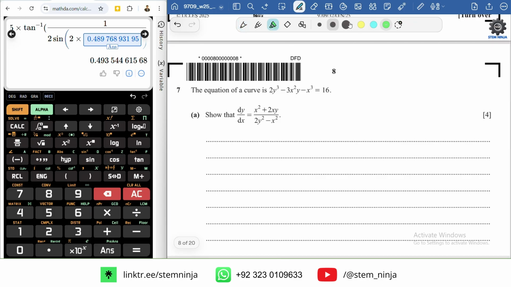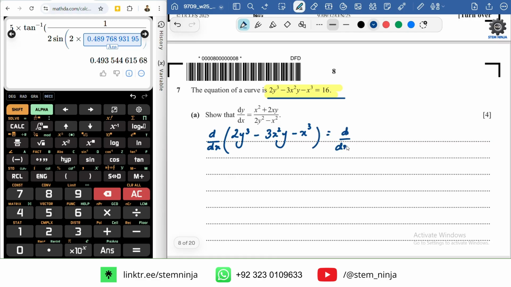The equation of the curve is this. Show that dy by dx is this. Alright, so this is easy. This is implicit differentiation. d by dx of 2y cubed minus 3x squared y minus x cubed equals d by dx of 16.